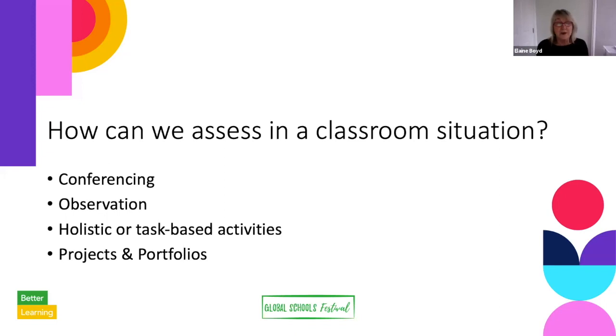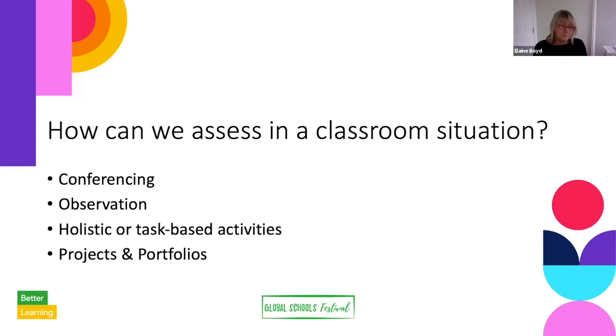So these are all ways, those 4, moving from the micro to the macro ways of assessing young learners with some of the criteria that I've just been talking about. And I will return to that at the end so that you've got a good list of that.